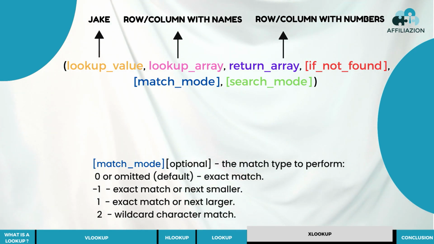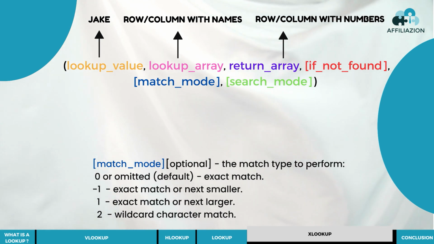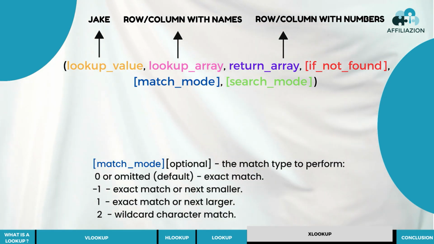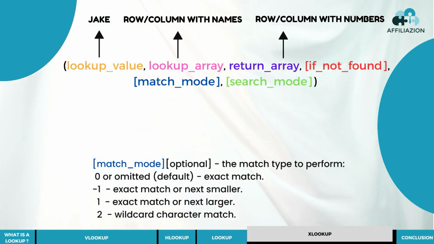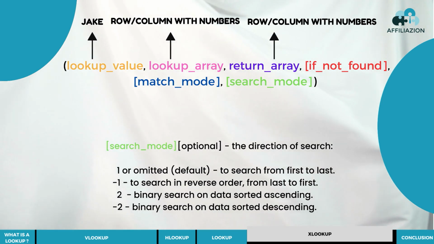So let's say you want to search just one word in a list of a few lines. Let's say we want the word Jake, but it appears in a sentence, then we can use 2 to search for a wildcard character match. And finally, we have the search mode.